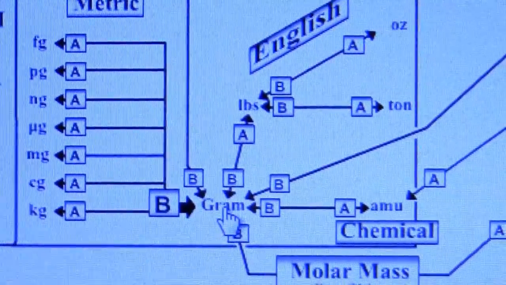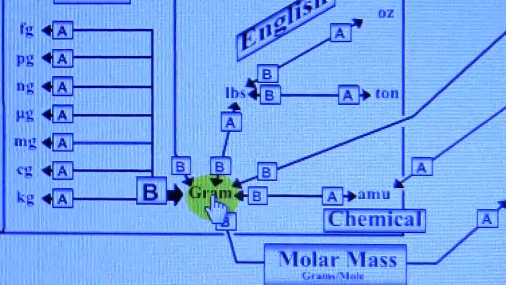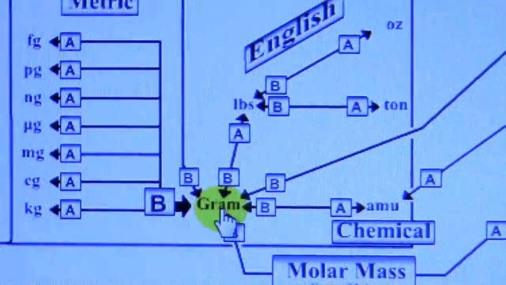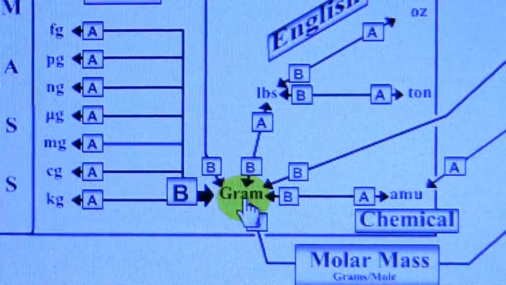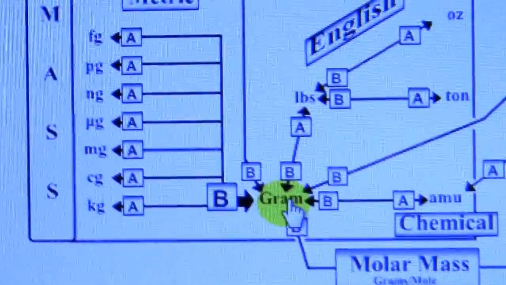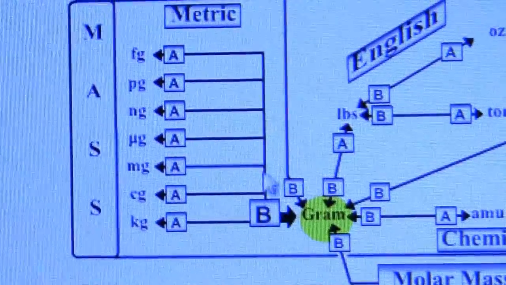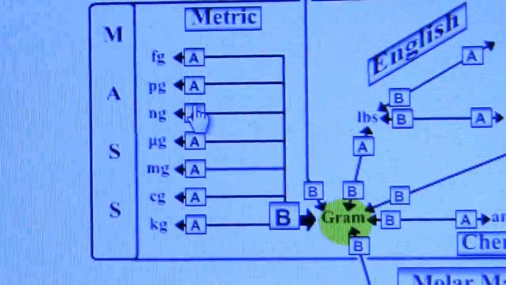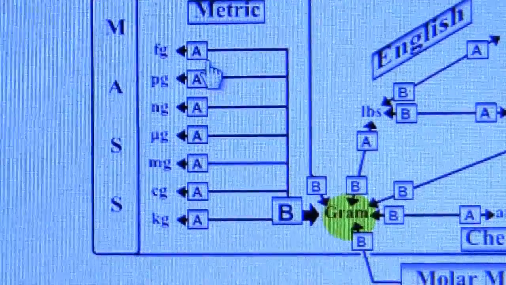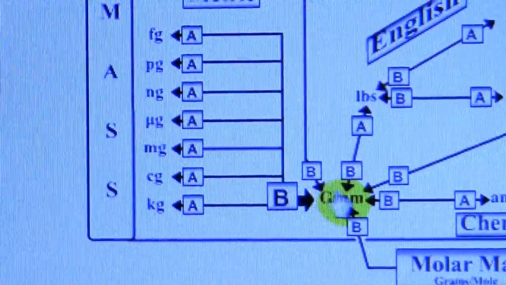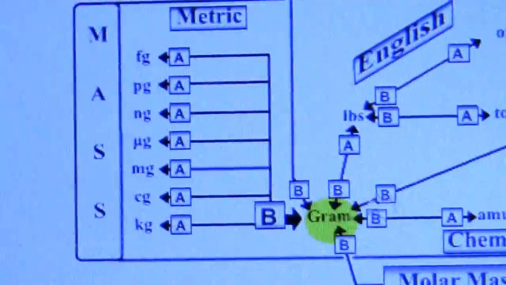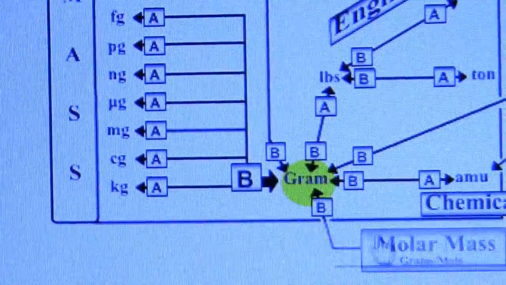So just like before, we're going to click on the actual unit, and it highlights that, and then we need to convert that to nanograms. This one is actually pretty straightforward. Here's our nanograms, and just like before, if we were going the other way, they'd all stop at grams, and then we could branch off in any one of these other directions.